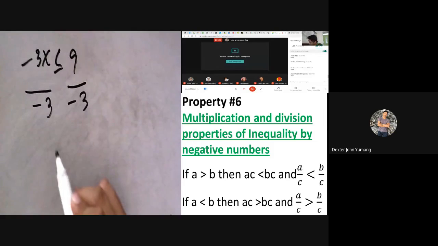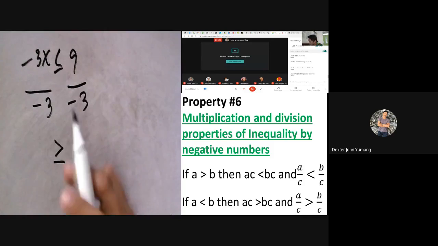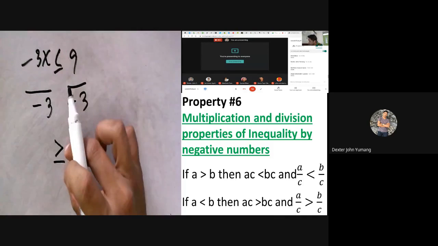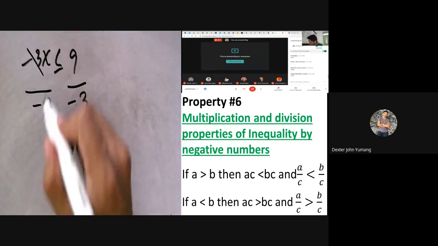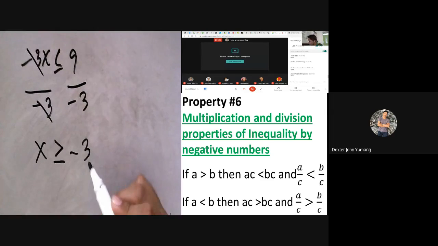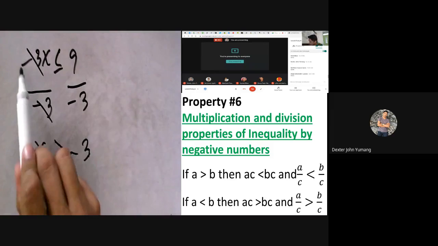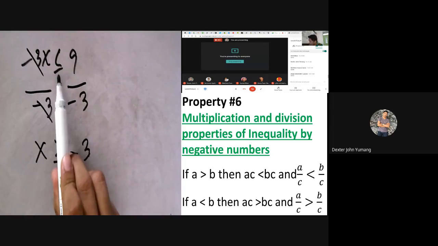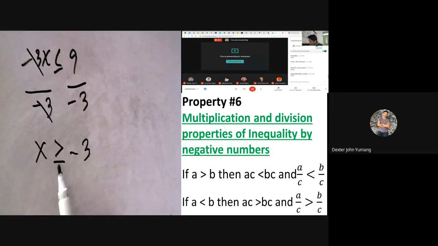Now, kapag negative yung i-divide mo from less than or equal to, magiging greater than. Mag-change yung sign or yung symbol. So therefore, cancelled, x is greater than or equal to negative 3. Again, kapag mag-divide ka ng negative, ang sign magiging opposite or kabaliktaran.